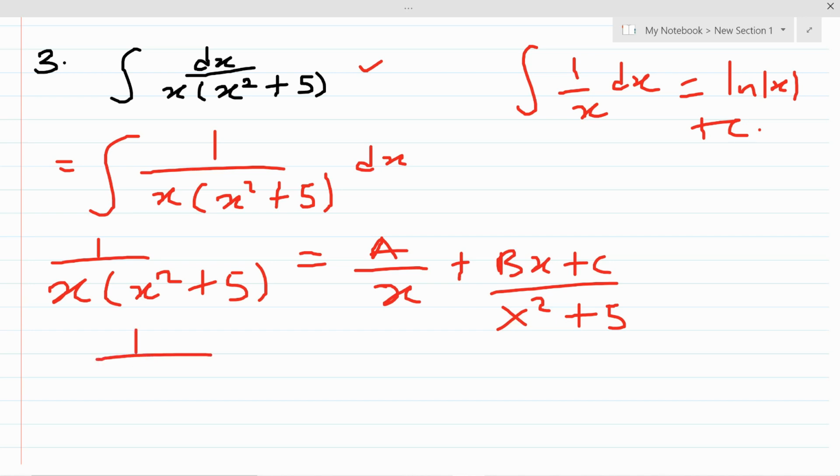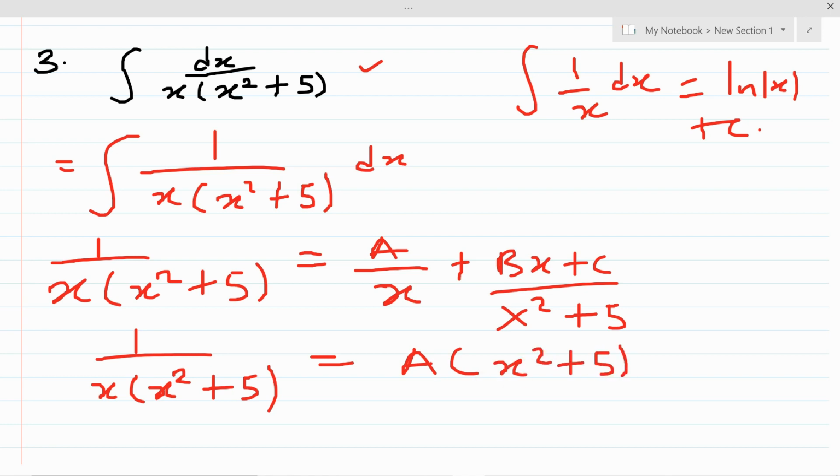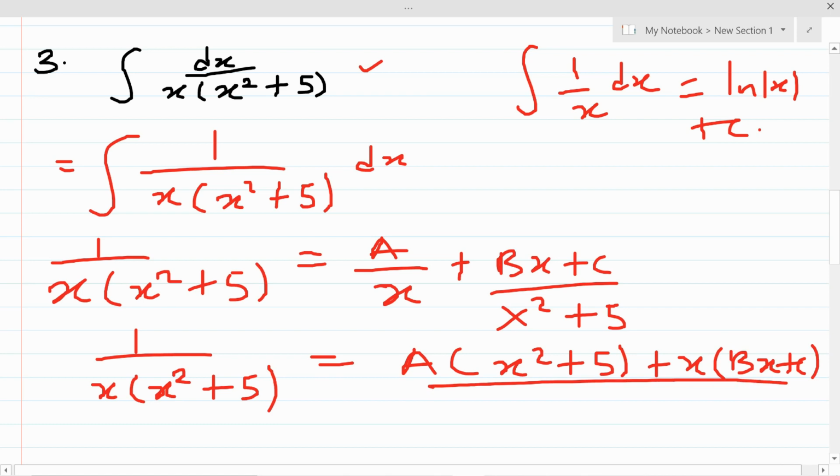From our basic level, they will tell us to just equate the numerators after combining the fractions on the right side. Solving this, you know how to do it: a times x squared plus 5, then plus x times bx plus c, all over x into x squared plus 5.